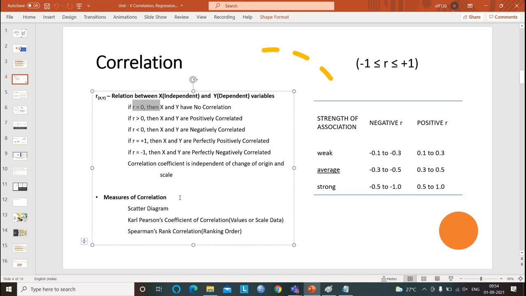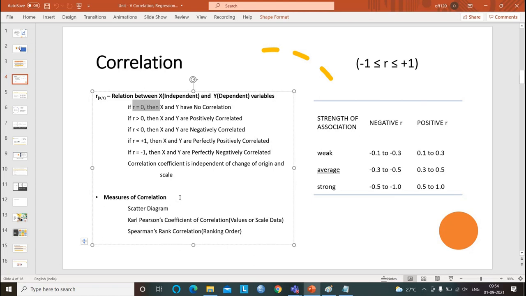If r is equal to plus 1, exactly plus 1, it's not 0.99, it is exactly 1.00, then we say that x and y are perfectly positively correlated. That means if x value is increased by 1, y value also will be increased by 1. If x value is increased by 10 values, then y value will also be increased by 10 values. That means 100% change exists in the variable y.